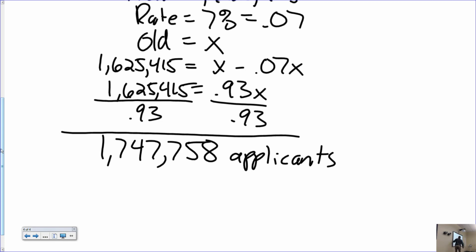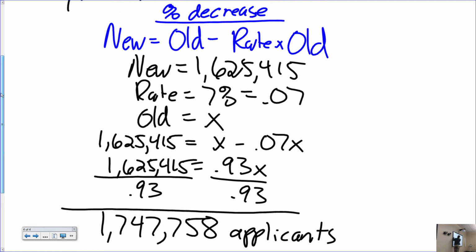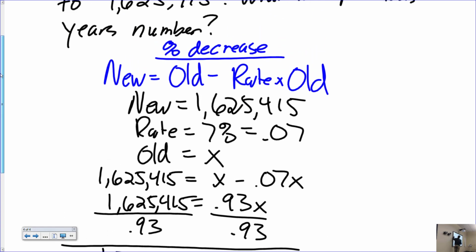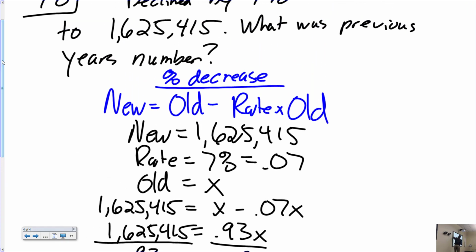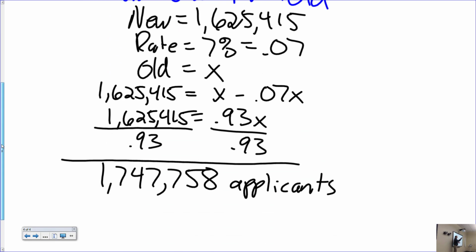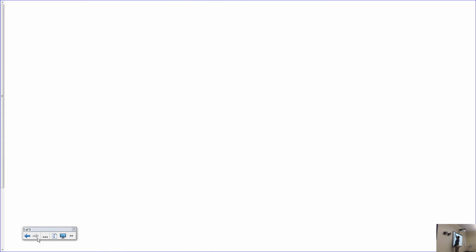All right, so again, being careful, folks. This is one of those where I gave you the new and you have to go back to find the old. All right? Another one? Look, 50. All right, what does 50 say?